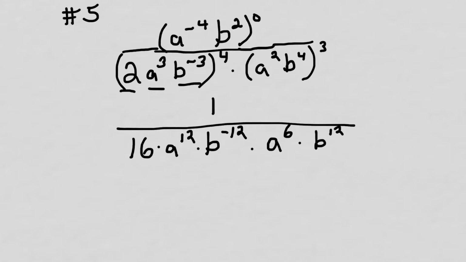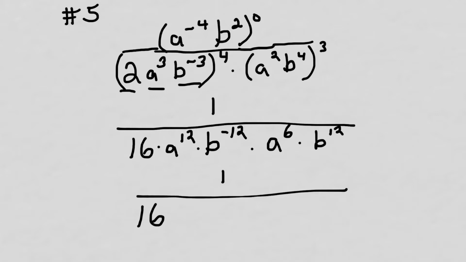All right, now let's just do some cleanup. We bring our 1 down, nothing happens in the numerator. We've only got one coefficient, and that's a 16, the only number on the bottom outside of the variables. So the 16 comes down.